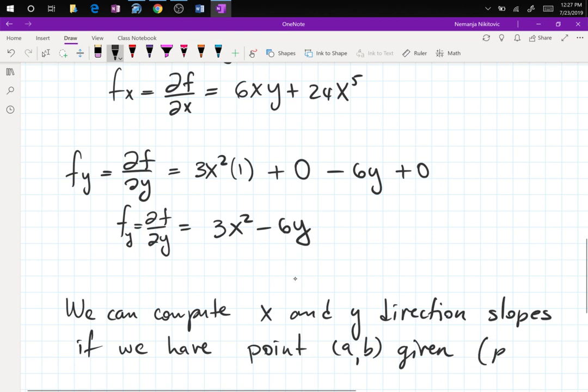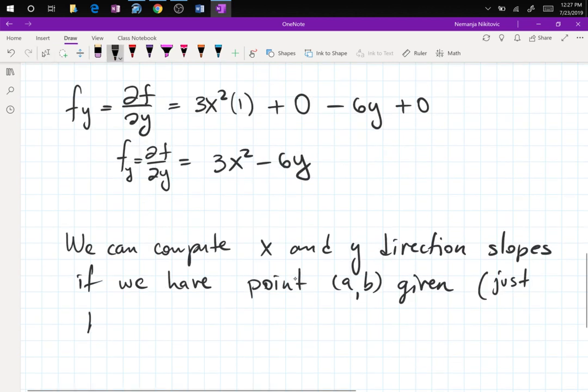In parentheses, just plug in. And that will give us the slopes in the x direction and in the y direction.